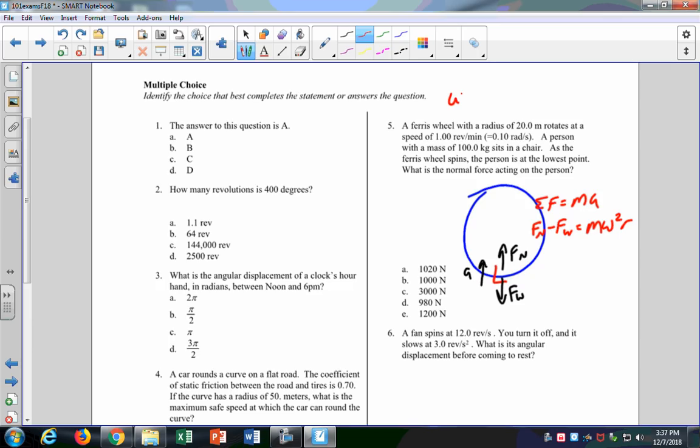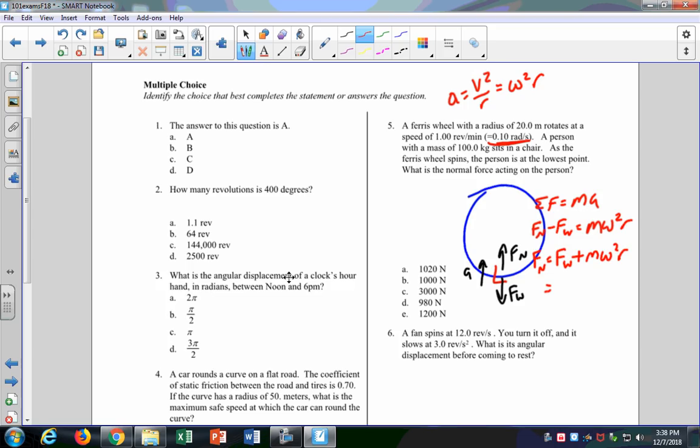Or A can be V squared over R, but I use omega squared R because that's what I was given in the problem. Remember, you can go back and forth between omega and V if you have the radius. I'm looking for Fn. So it is Fw plus M omega squared R.